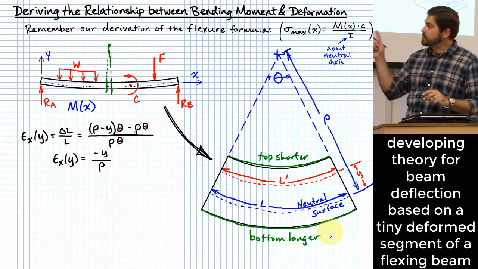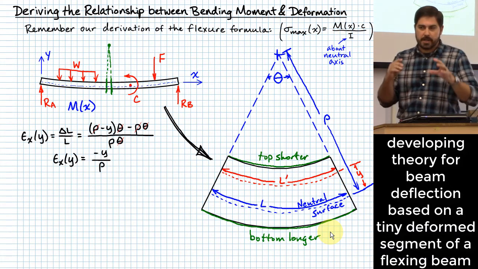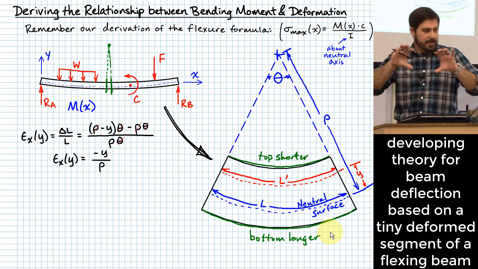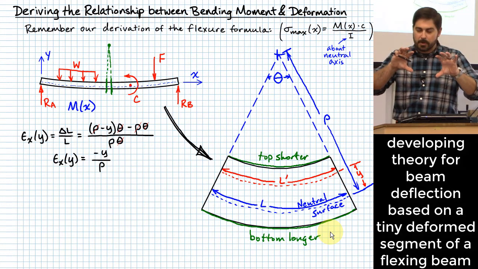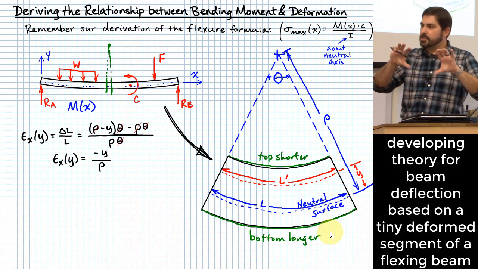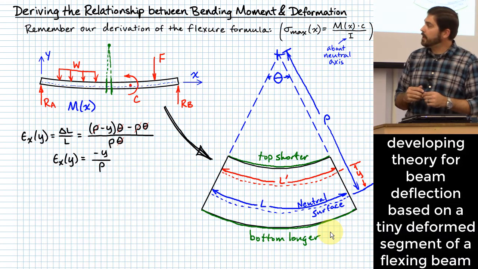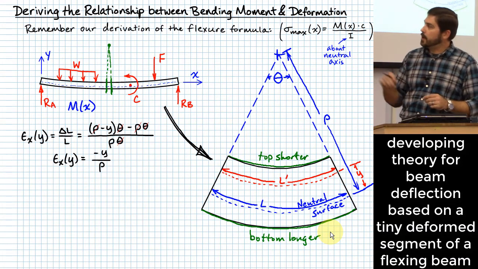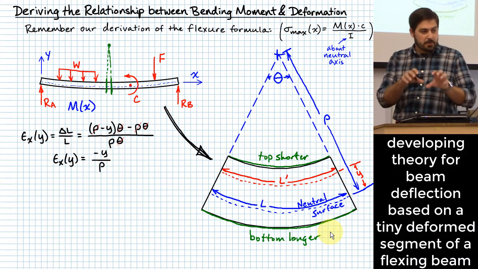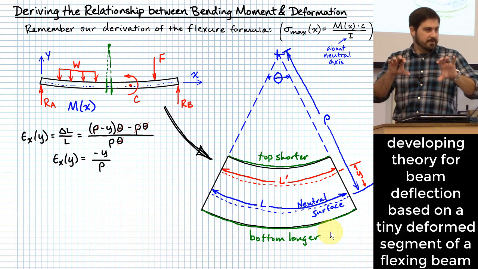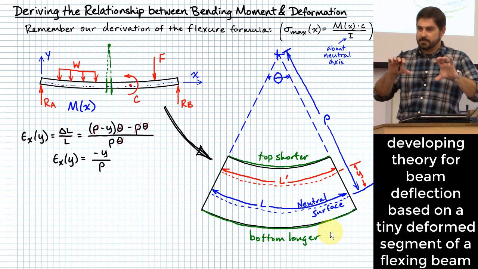Now, that's going to be our entry point to start talking about the flexure of these members, in other words, the flexural deformation of these members, because the radius of curvature there is something that has to do with how the beam is deforming. And that's going to be how we get into this, okay?